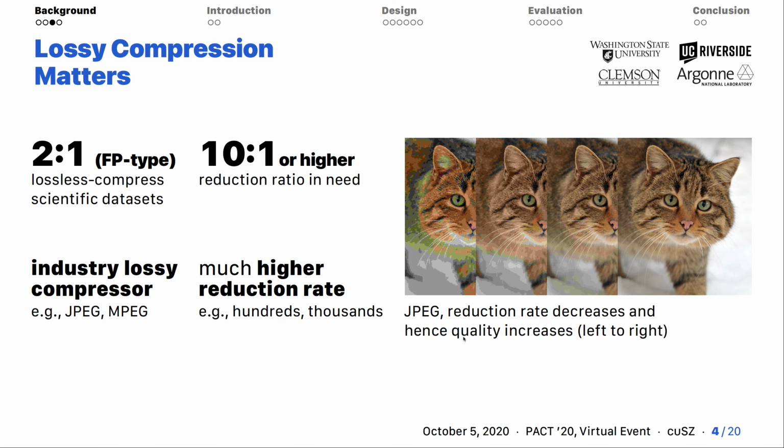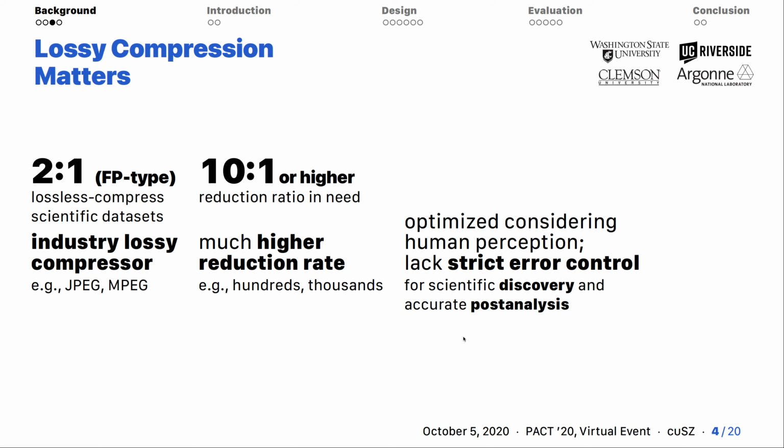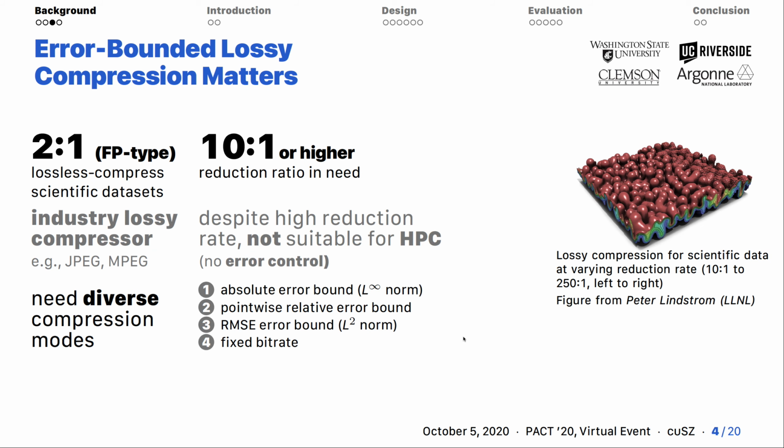We got inspiration from industry lossy compressors because they provide a much higher reduction rate, in the hundreds or thousands. The problem is, they're not designed for scientific data, and they lack strict error control, which is very important for scientific discovery and accurate post-analysis. In addition, we need diverse compression modes: absolute, pointwise relative, L2 norm, and fixed rate.